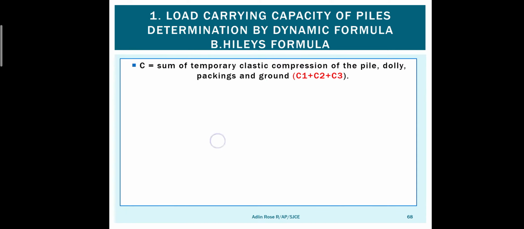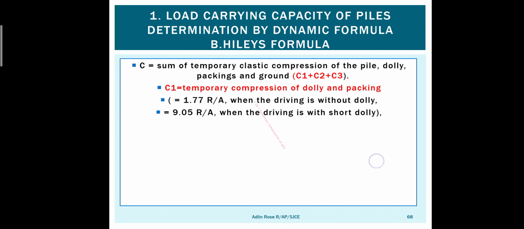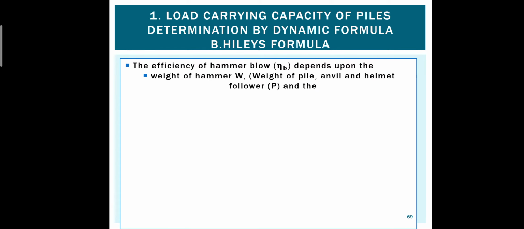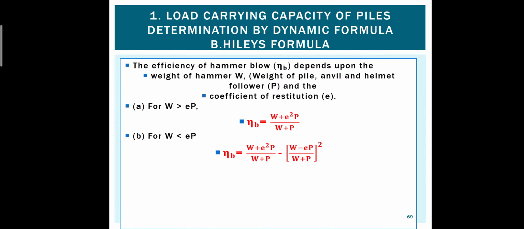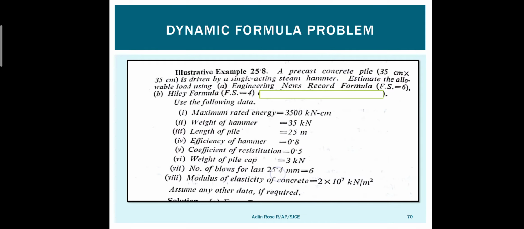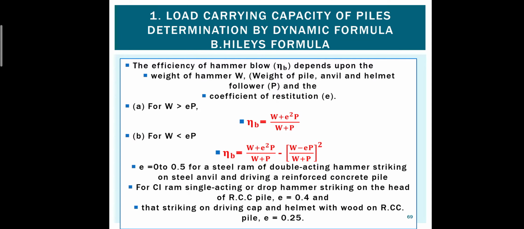In the Engineering News formula, the ENR formula, we take a factor of safety of 6. For Hiley's formula, it is recommended to use a factor of safety of 4.